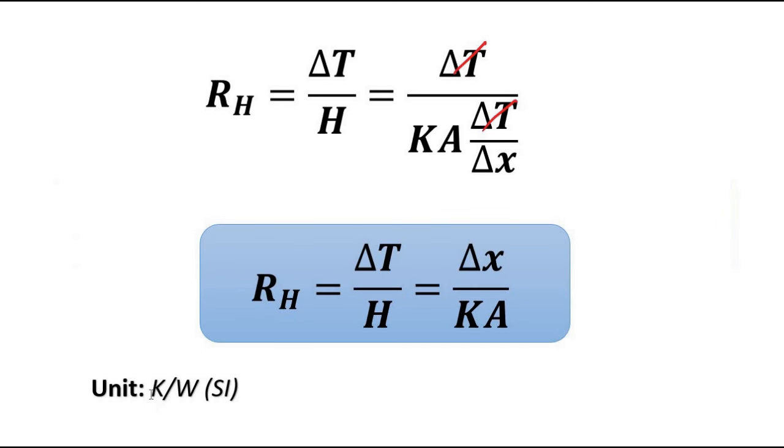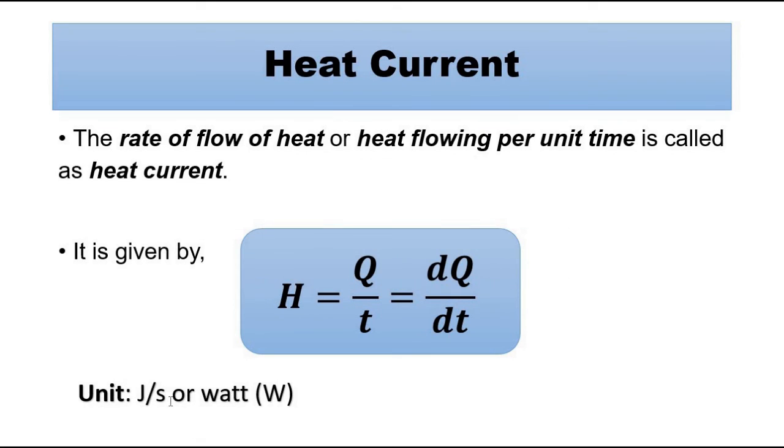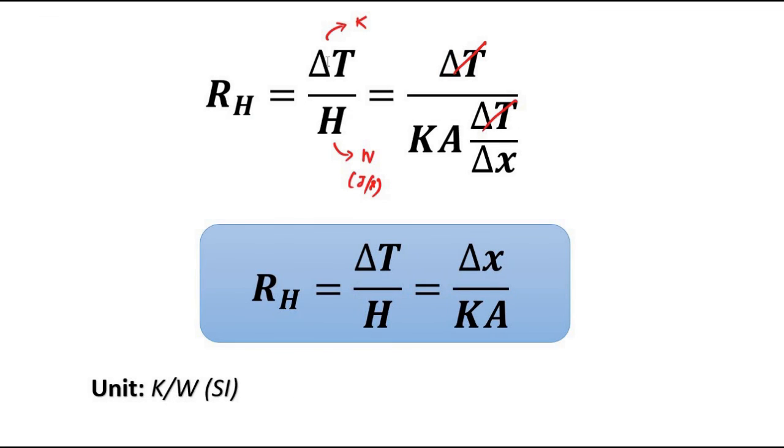So here the unit is Kelvin per watt, because the unit of temperature difference is Kelvin, and heat current has the unit of watt, which is joule per second. So Kelvin per watt is the SI unit of thermal resistance.